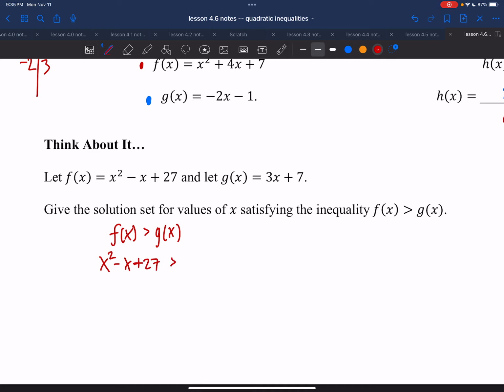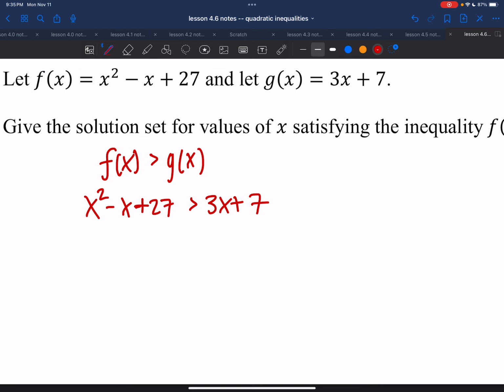This is a fun little think about it exercise. So I have that. And I could, of course, set it in relation to 0, so subtract g to the other side. And if you do that, you'd get this right here. Because you're subtracting 3x, you get negative 4x on the left side. You're subtracting 7, so you're getting plus 20 on the other side.